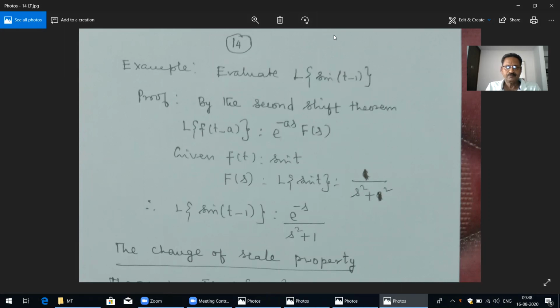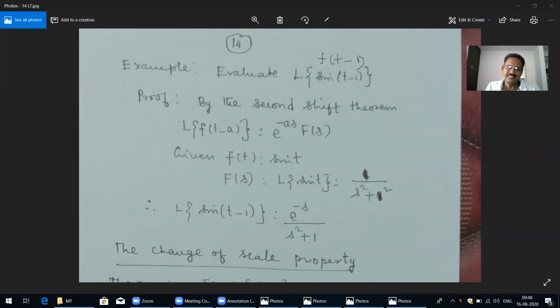By the definition we know, you have to consider f of t minus a, f of t minus 1. It's clear now. So what is f of t here? f of t is nothing but sine t.